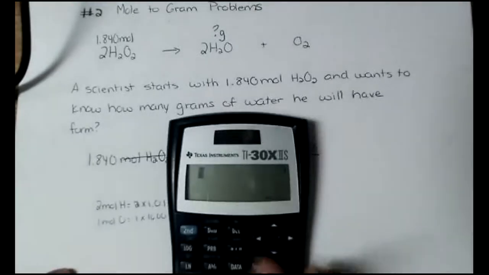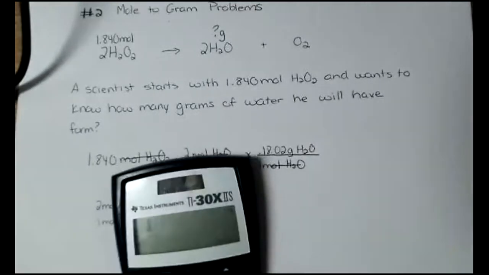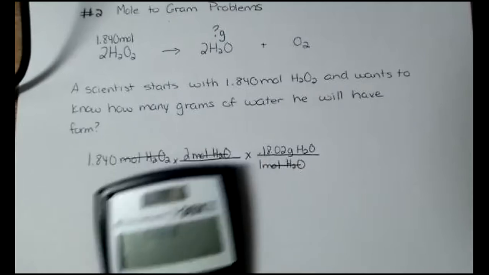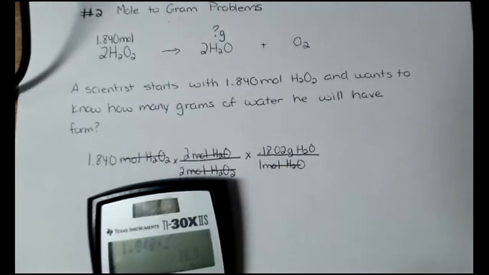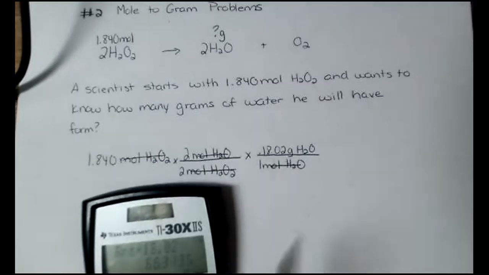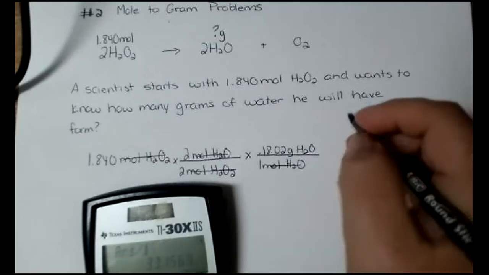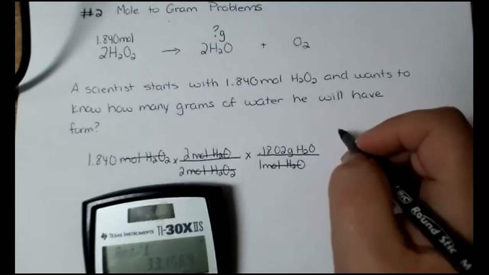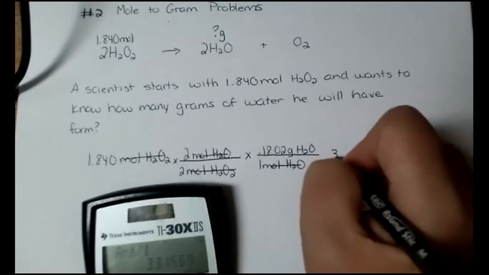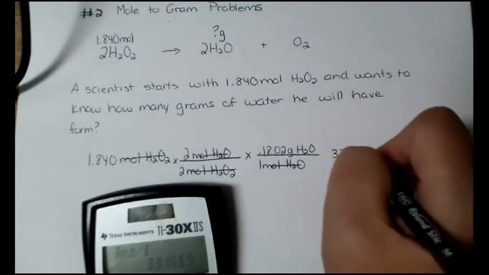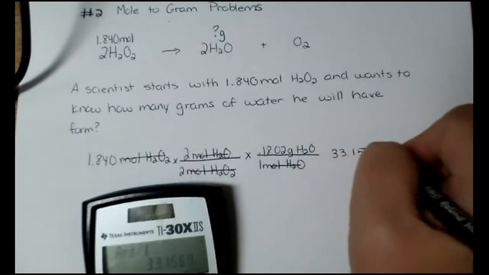I take my calculator and I'm going to say 1.840 times 2 times 18.02, and then I'm going to divide by 2 and then divide by 1. And I get 33.1568.